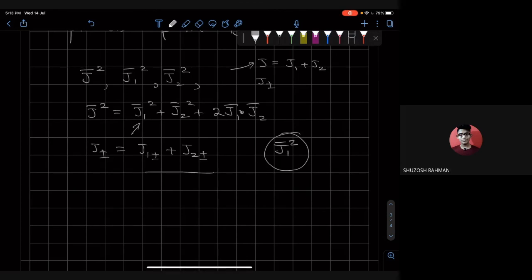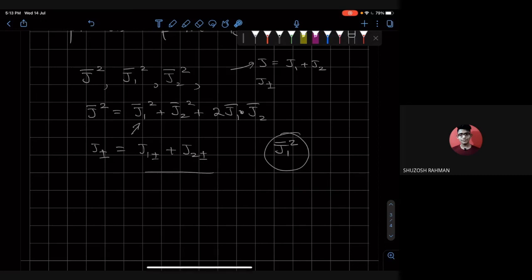Okay. So, from experience, we know that the J1 squared operator and J2 squared operator will be useful because we are using states which are eigenstates of these operators.